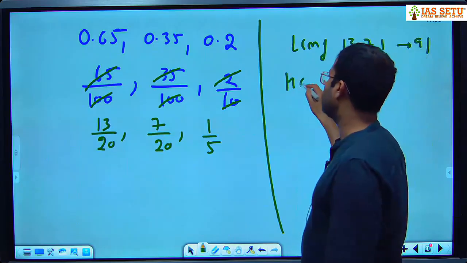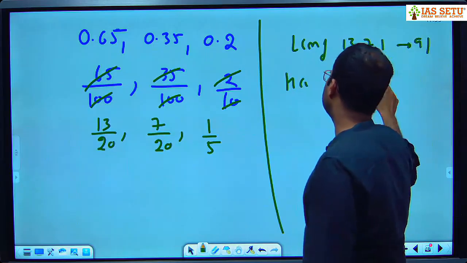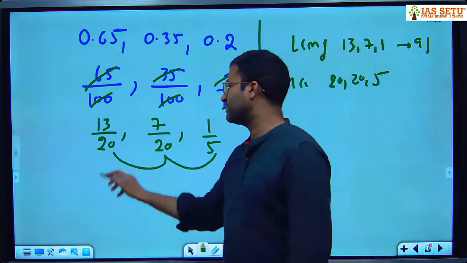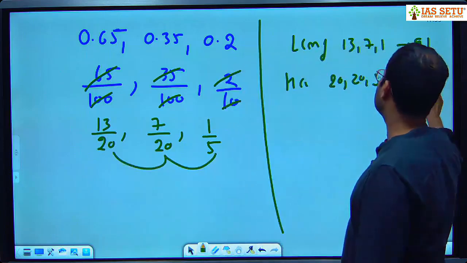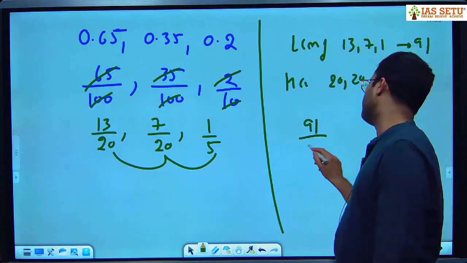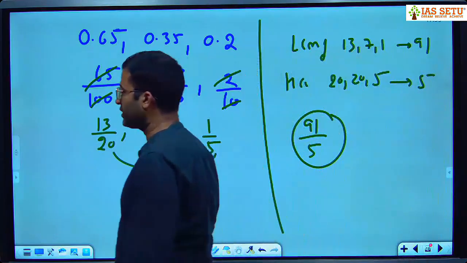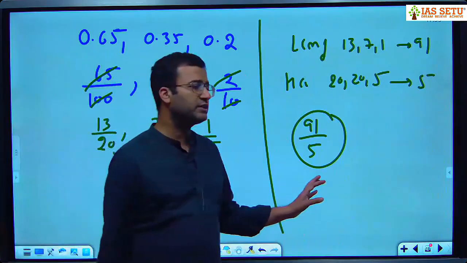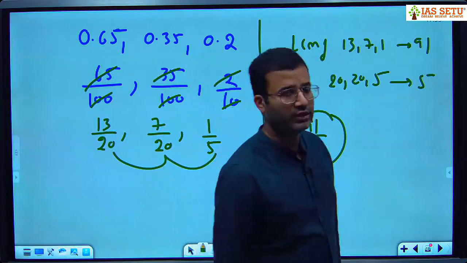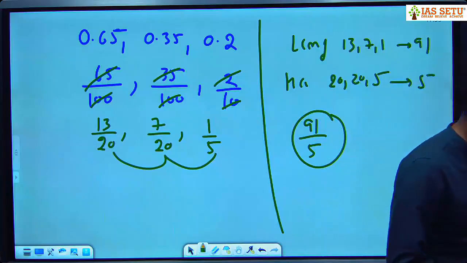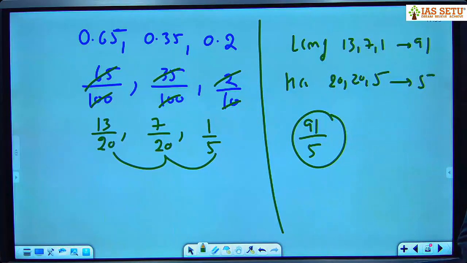What is HCF of 20, 25? If the smallest number is a divisor of the remaining numbers, that itself. So 91/5. It depends on answer options. If answer options are given in fraction, correct. If it is in decimal, you have to convert this into decimal. Yes, 91/5 और 18.2, डिपेंड कि आंसर ऑप्शंस कैसे देंगे.